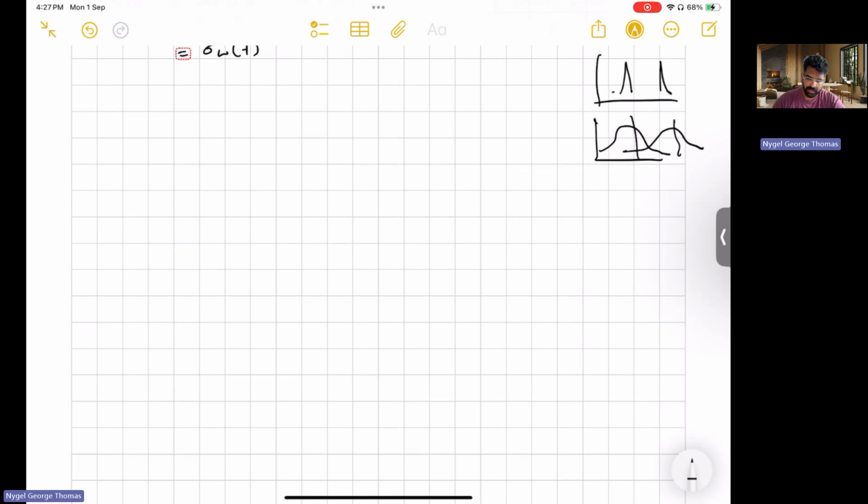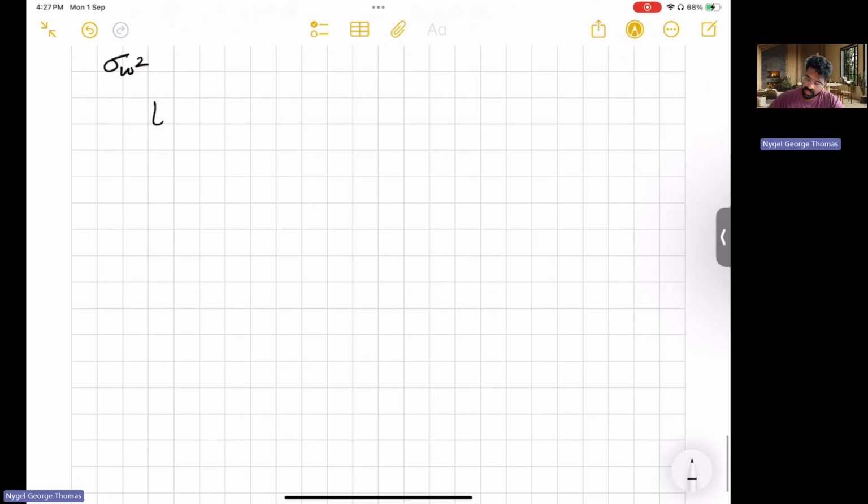So the goal of thresholding is just to minimize sigma w squared. So find a T star such that it is the arg min over 0 less than or equal to T less than or equal to K minus 1 of sigma w squared.